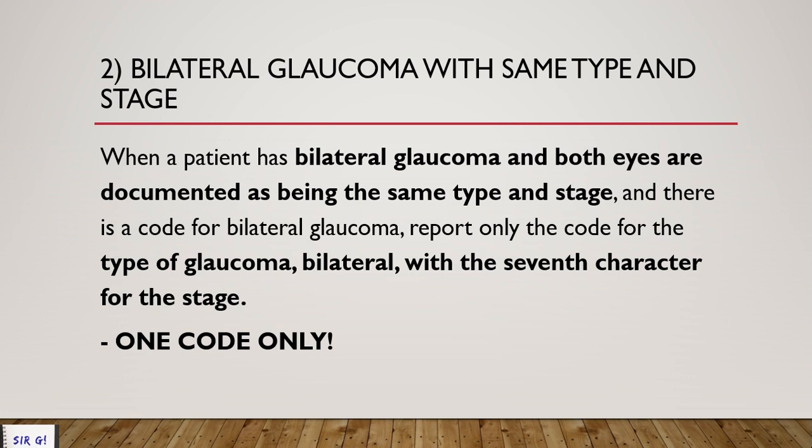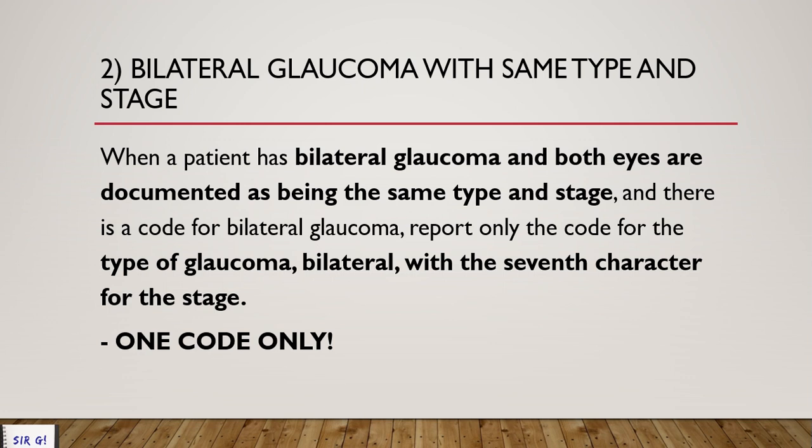Meaning, if we have the same type and the same stage, we only need one code if there's an option for bilateral.